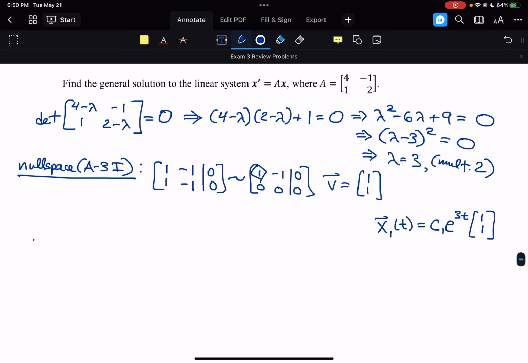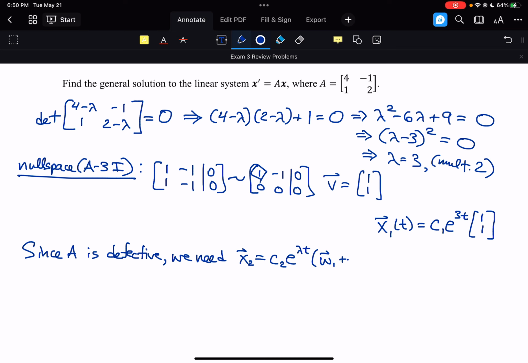So since A is defective, x2 is going to be c2 e to the lambda t, w1 plus t w2.